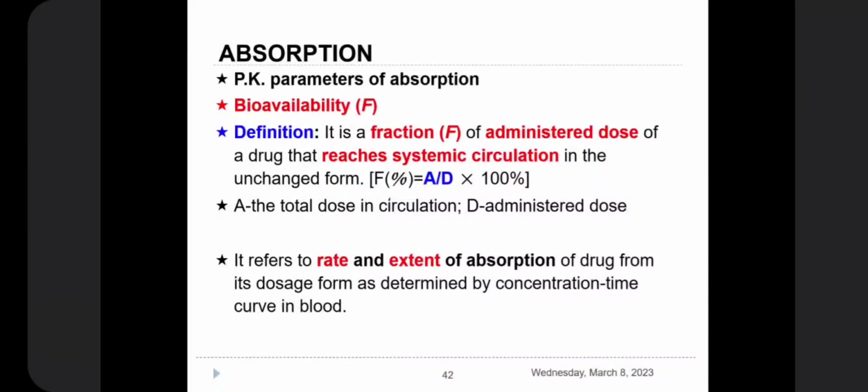Just according to the equation. We just give 100 mg. This is the administered dose. And finally, in the circulation, we measured only 20 mg left. So this is the dose in circulation. So finally, this is 20 percent.